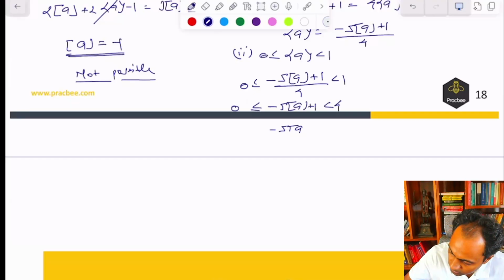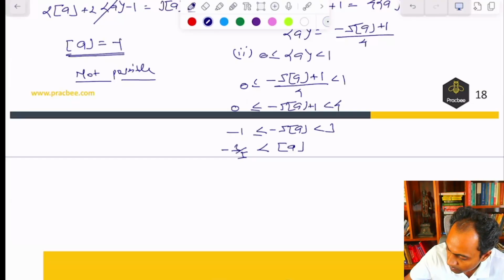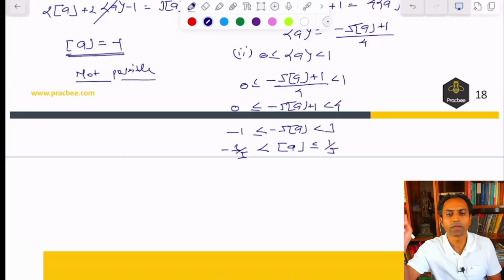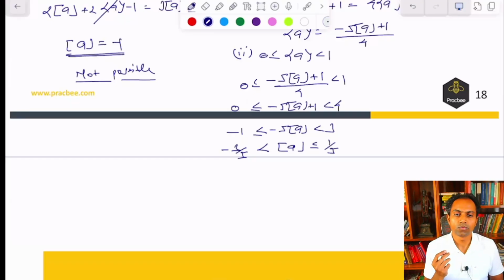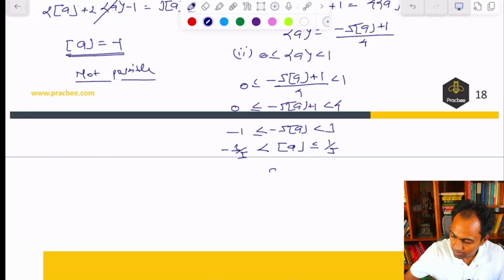Minus 5 times gf of a would be between 3 and minus 1, and then gf of a comes out to be between minus 3 by 5 and 1 by 5. You can see that if I am looking for an integral value, any integer between minus 3 by 5 and 1 by 5, there is only one value of that integer that is possible, that is 0.